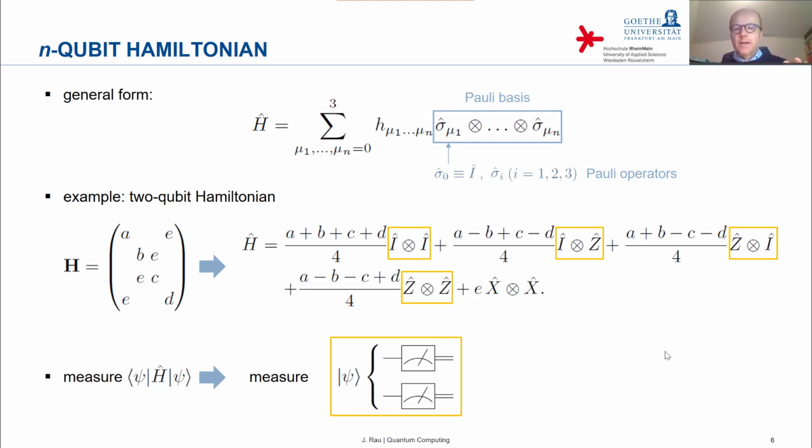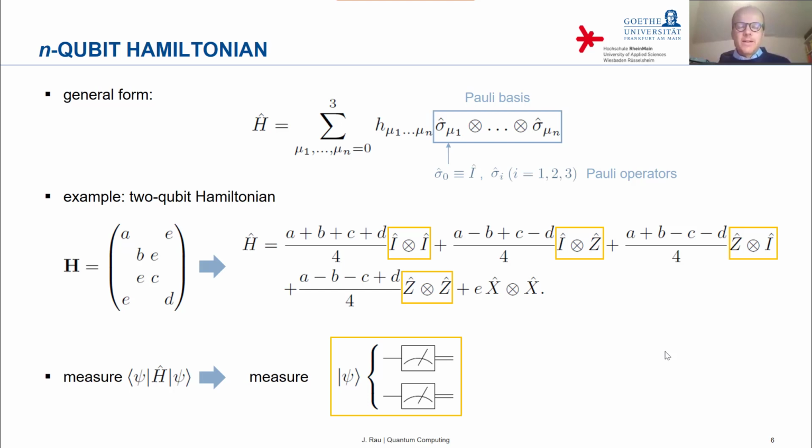We just have to measure then Pauli Z for the other qubit. And we do that in a circuit with a measurement device in the standard basis. And if we have the tensor product of two Pauli Z's, that's just a simultaneous measurement of Pauli Z, that is in the standard basis, on both qubits. So all the tensor products that I enclosed in yellow can be measured in circuit notation by our standard measurement devices.